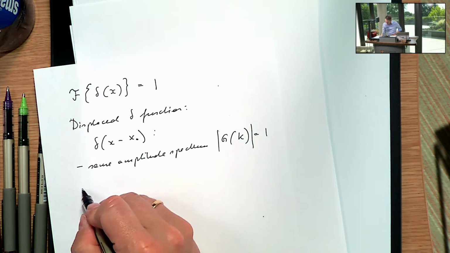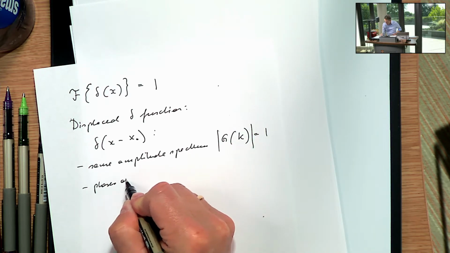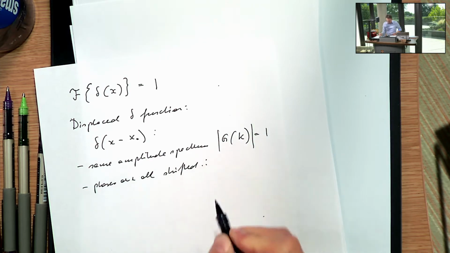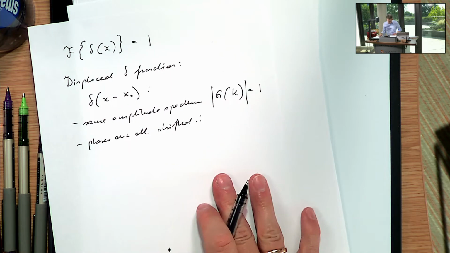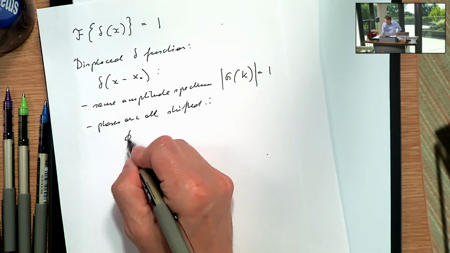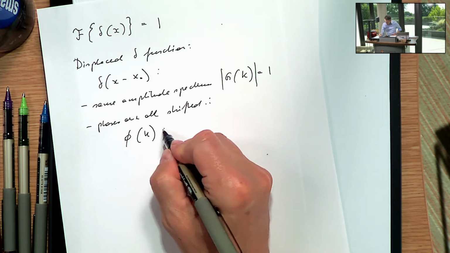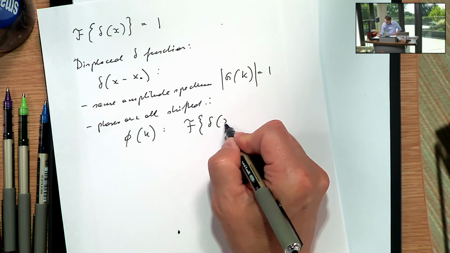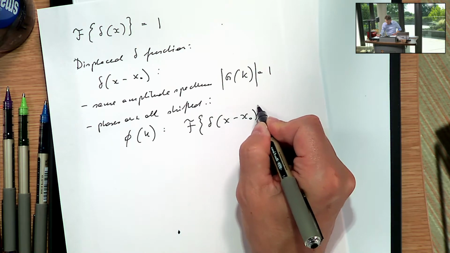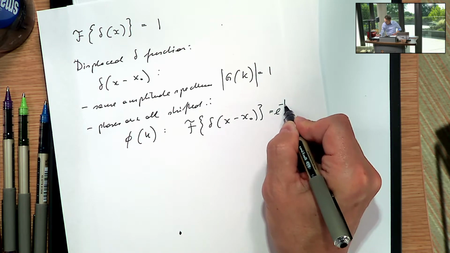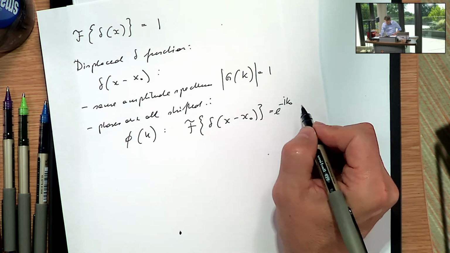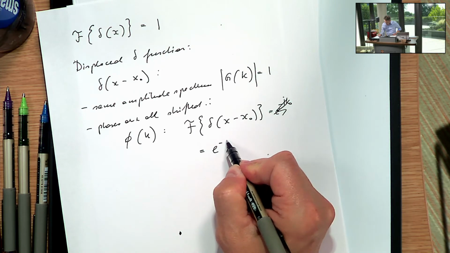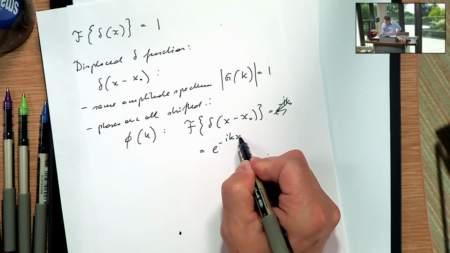But the phases are all shifted. The phase spectrum phi of k is such that the Fourier transform of delta of x minus x naught is equal to e to the minus i k x naught.